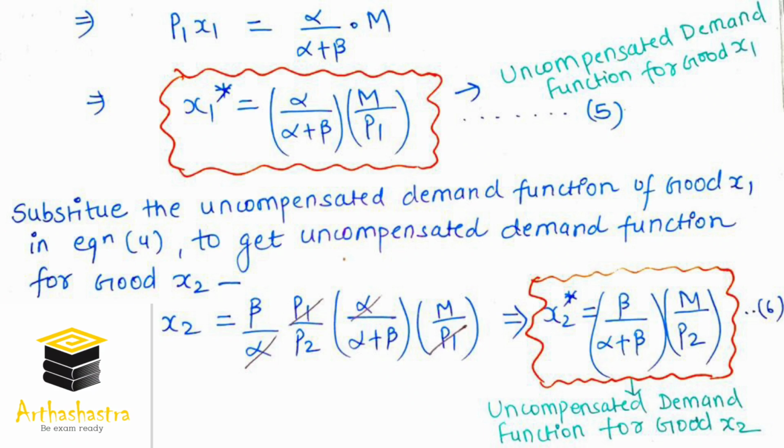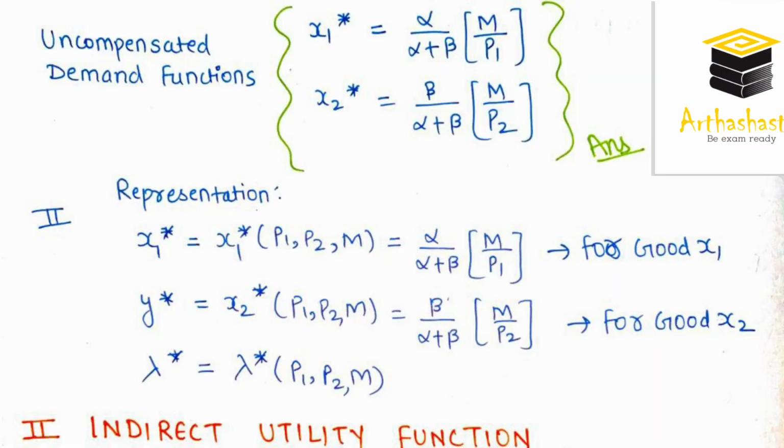Now we write them separately and we represent them as x1 star equals x1 star, a function of p1, p2, m, that is the income of the consumer, equals alpha over alpha plus beta times m over p1.